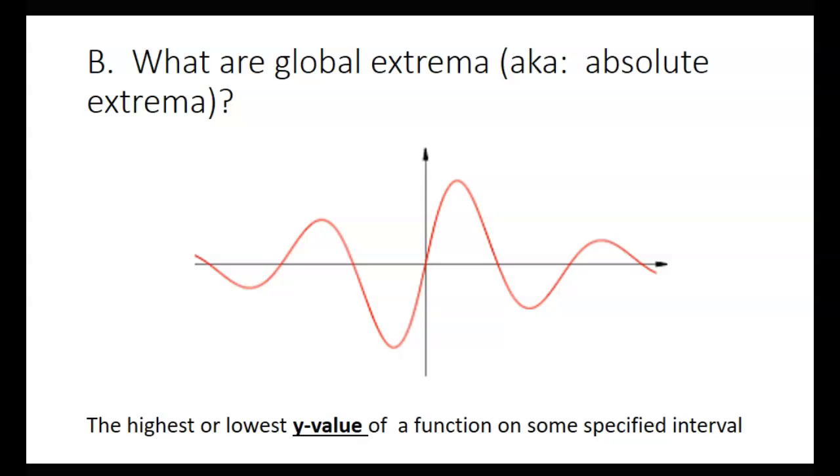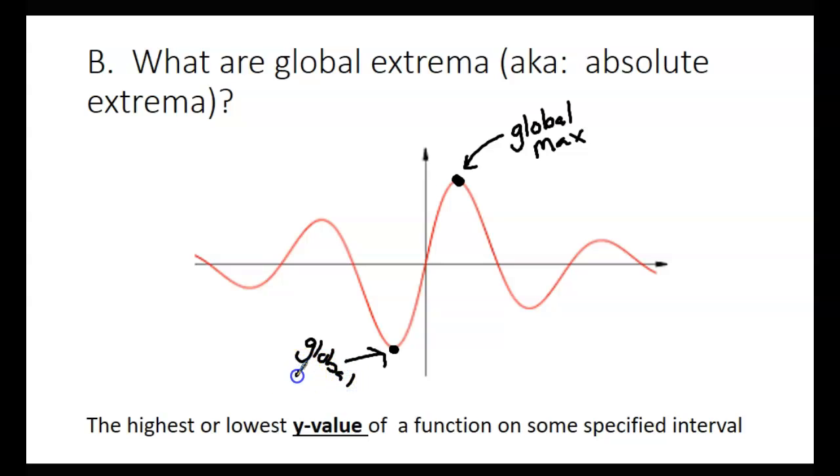A global extrema is the absolute highest point and lowest point on a function in some specific interval. So for instance right here, that would be the global max, the highest point. The global minimum would be down here.